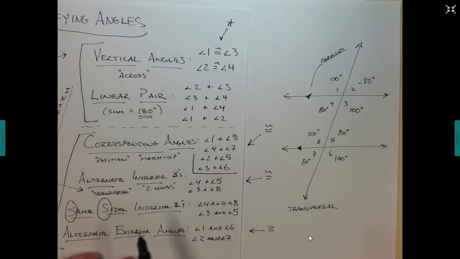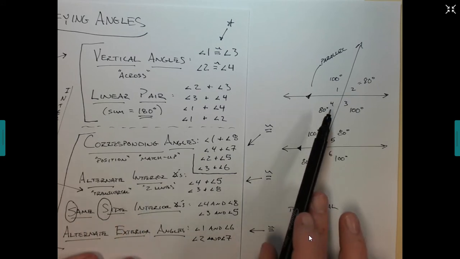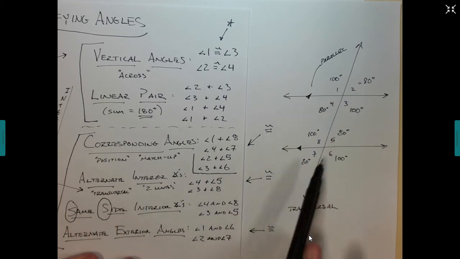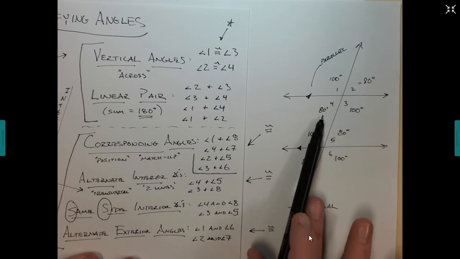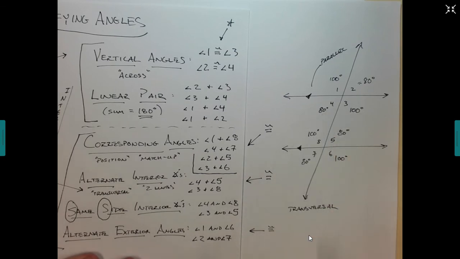Where this ends up being different is with our same side interior angles. If we look at the same side interior angles, like 4 and 8, they're not the same, but they add up to 180 degrees. The word for that is supplementary. And the good news is, and I've circled the letter S, an easy way to memorize which one is supplementary.